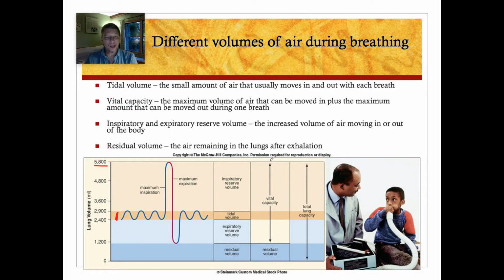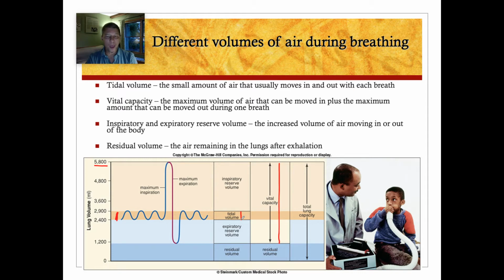And that gives us what we call the vital capacity. That's this amount in here. This is the maximum volume of air that can be moved in, plus the maximum amount that can be moved out during one breath. So we've got the tidal volume, which is just this little piece in here, and the vital capacity, which is the much bigger portion.